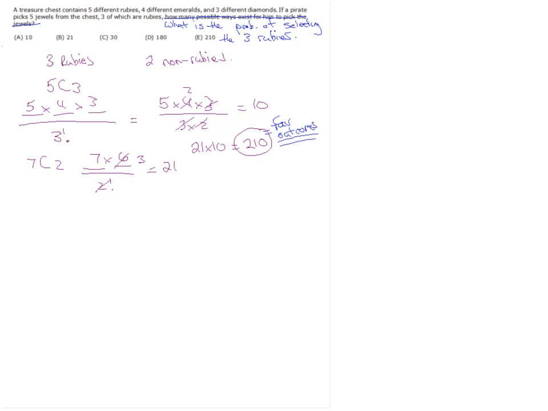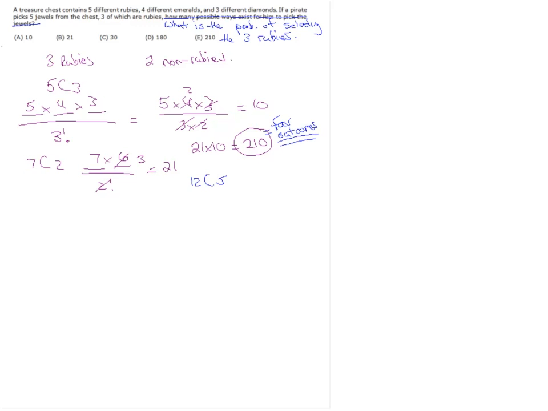So really all we would need is to get the total outcomes, which is selecting these 5 things with no restrictions. And we're seeing that we have 5 rubies, 4 emeralds, and 3 diamonds. That's a grand total of 12 items. We're selecting 5. So we would do 12 choose 5.